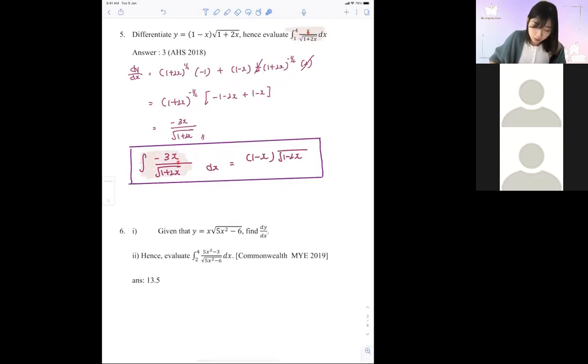Compare this and this. What's the difference? The denominator is the same, right? Oh, this one is -3, so you multiply by -3. Yes, okay. So the difference between this one and this one is that this has a -3.